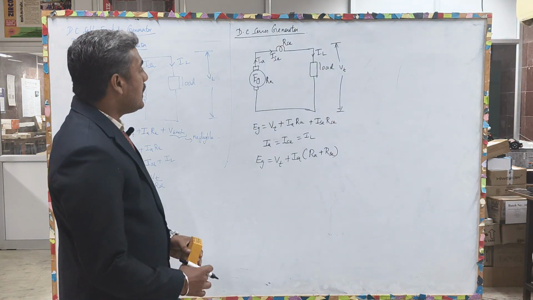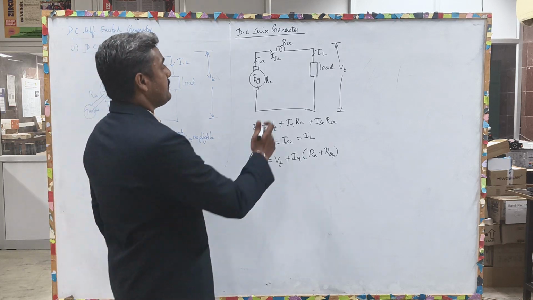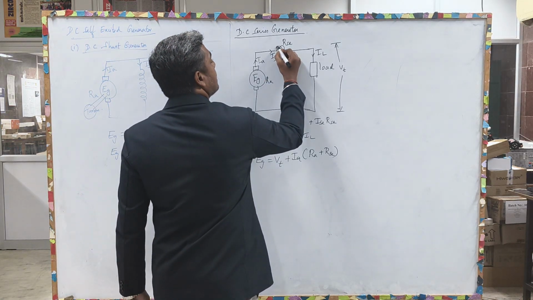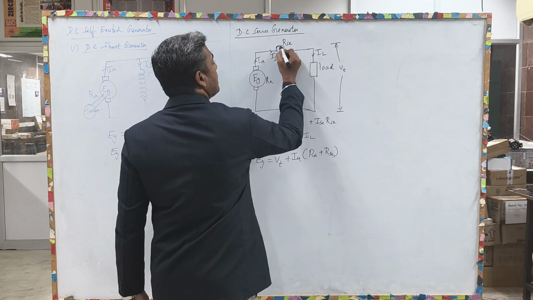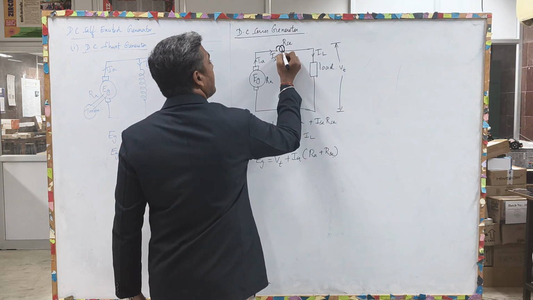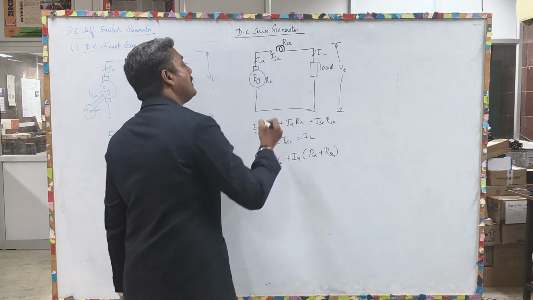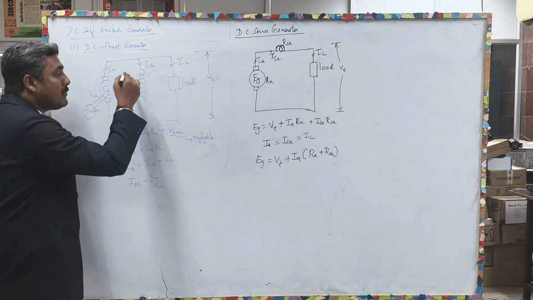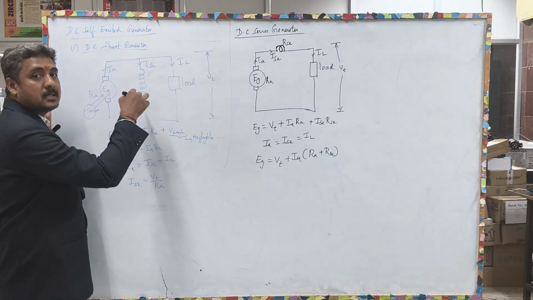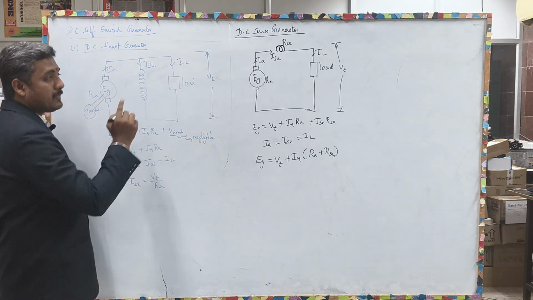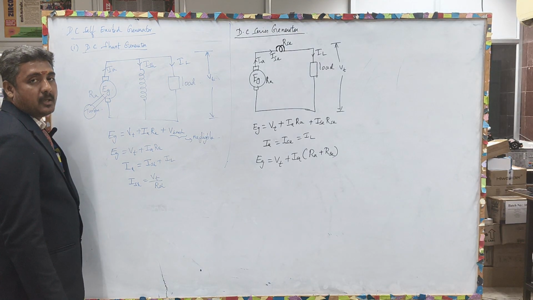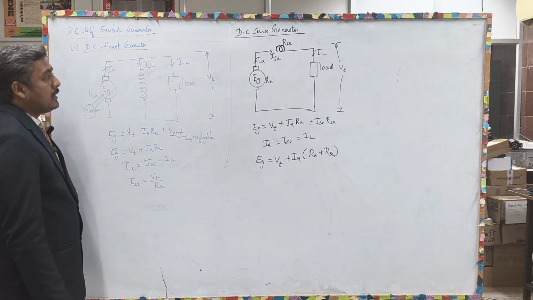See here, you can visualize, here you will be having a thick winding, but here you will be having a thin winding, but the number of turns in this winding is high when compared with that. Okay, why?